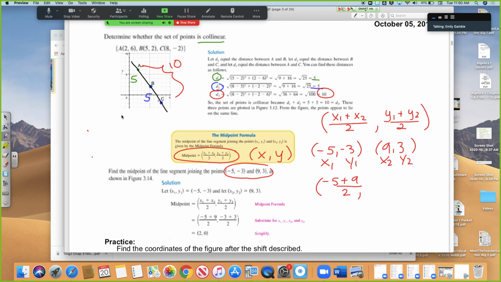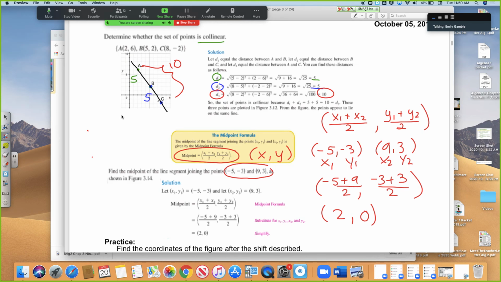Then for my y coordinate, I take y1 and add y2 and divide this by 2. So here are my 2 coordinates that I'm just now going to simplify. -5 plus 9 is 4, and 4 divided by 2 is 2. -3 plus 3 is 0, and 0 divided by 2 is 0. So the middle point between (-5, -3) and (9, 3) is (2, 0).